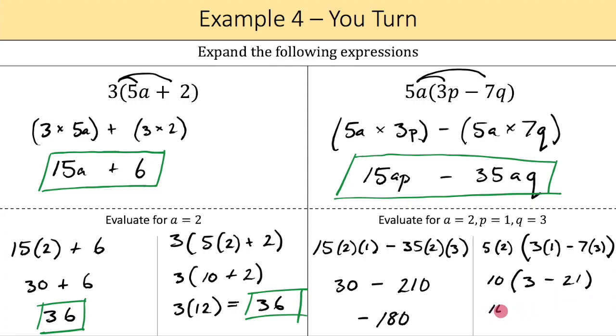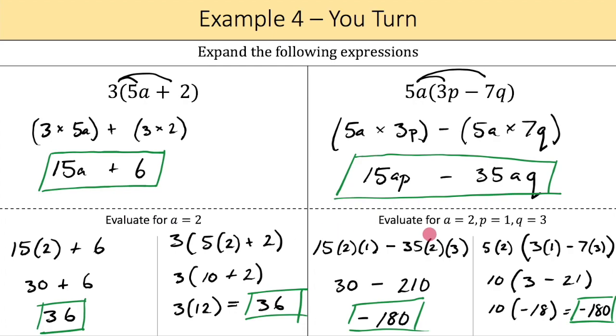Then 10, 3 minus 21, well, that's negative 18, and 10 times negative 18 is going to be negative 180, which is the same thing that we saw over here. So let me give that a box as well. So that's down here, these evaluations.